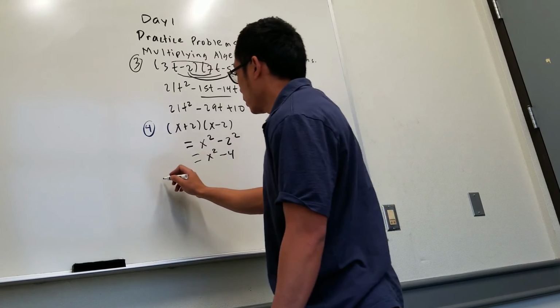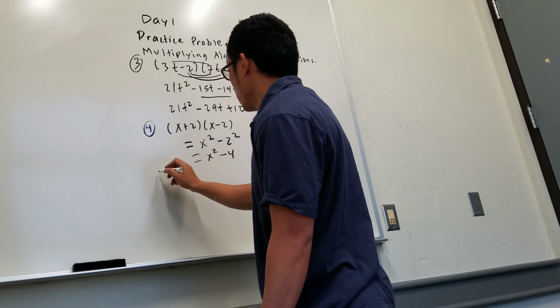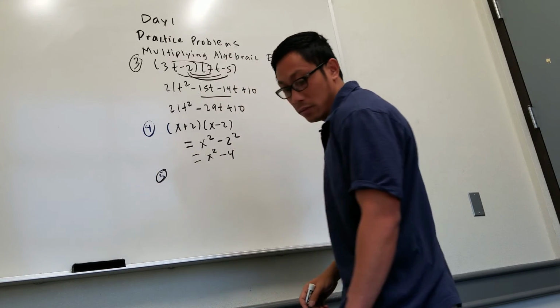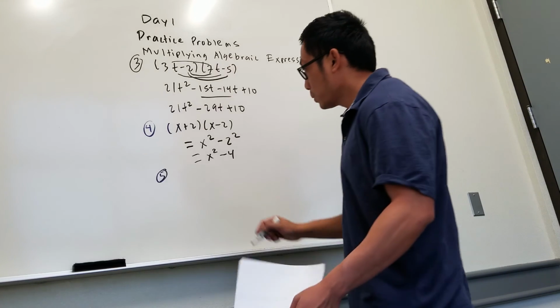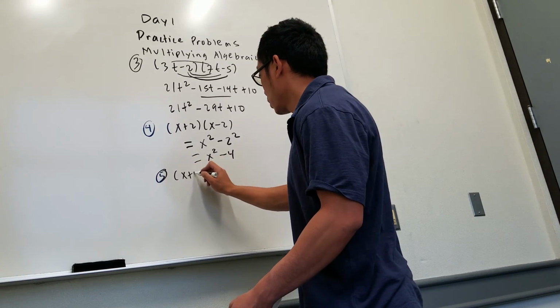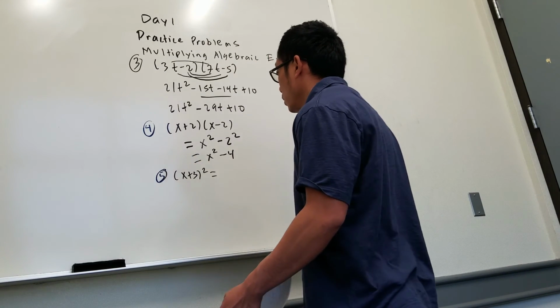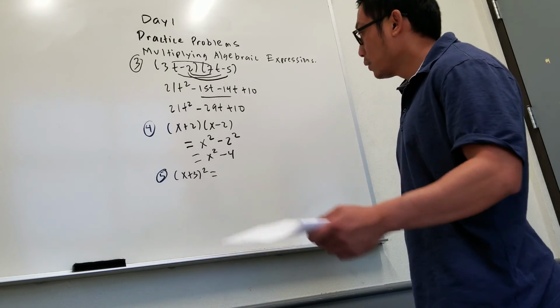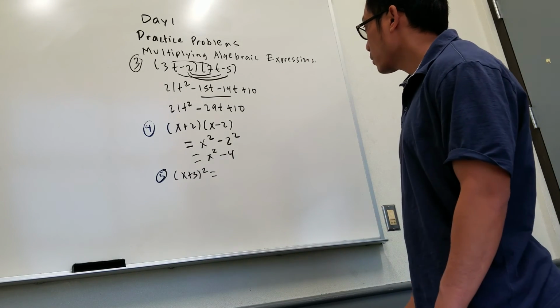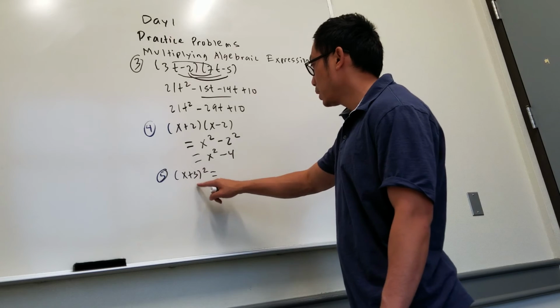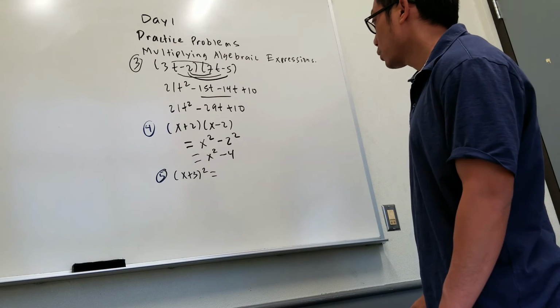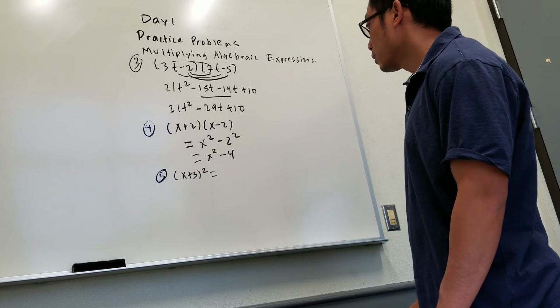Right? So let's do another one. Number 5. x plus 3 squared. Pause the video if you have to. But we have this form, a plus b squared. A plus b squared is a squared plus 2ab plus b squared. Right?